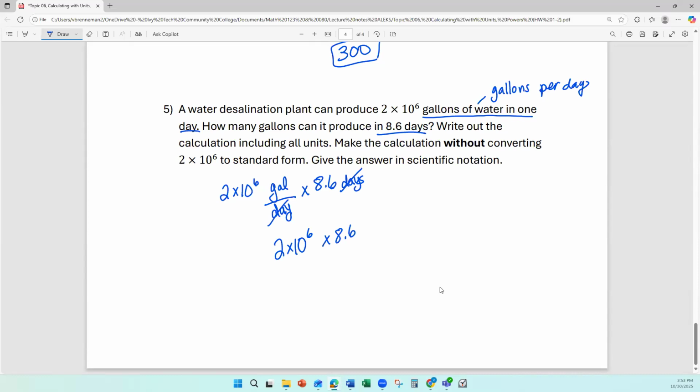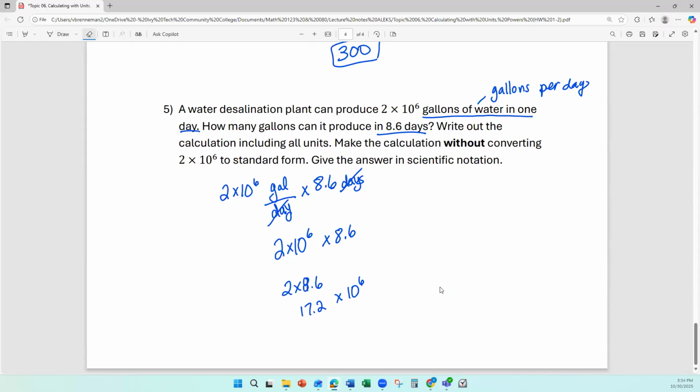And again, there's no need to write that 2 times 10 to the 6th out in standard form. I can just do the calculation of the 2 times 8.6. And that is 17.2. And that's going to be times 10 to the 6th. But again, we want scientific notation. And this is 2 digits before the decimal point, not scientific notation.